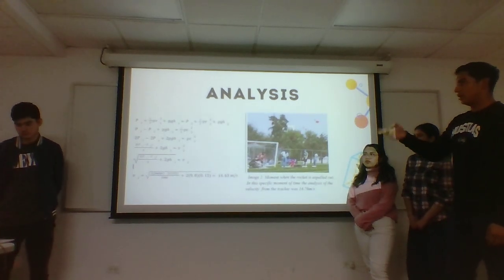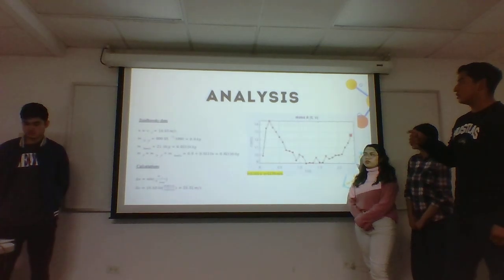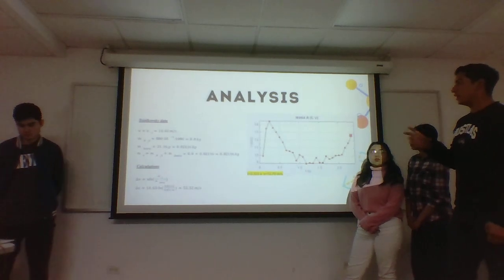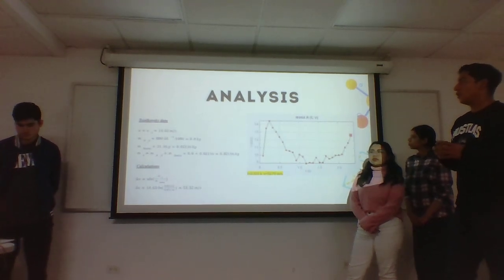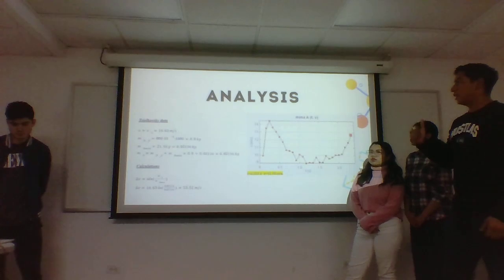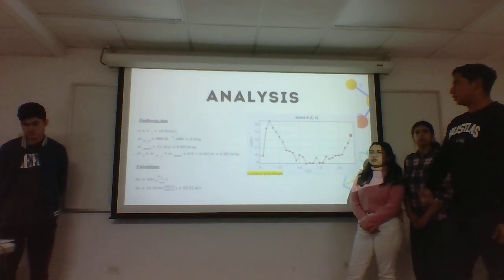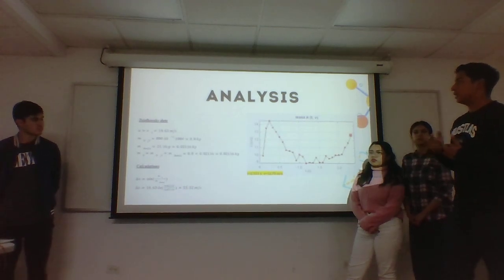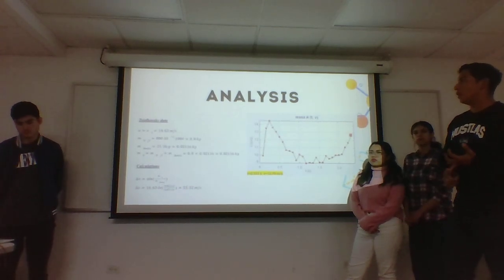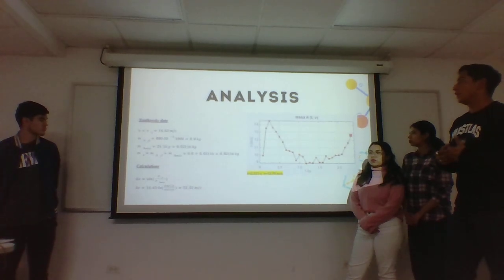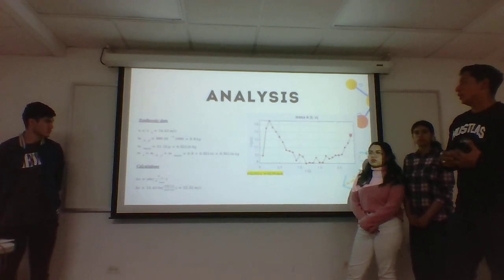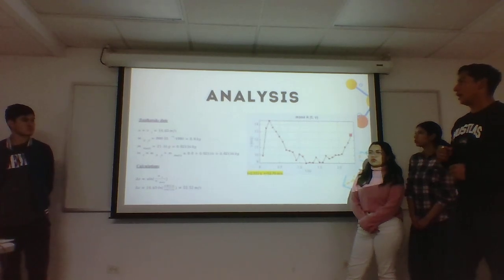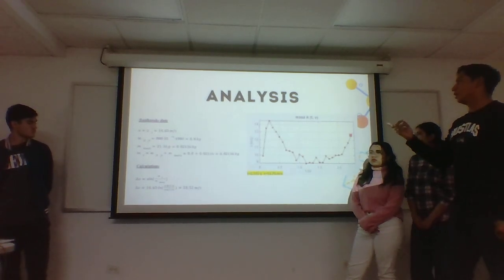Then in the next slide we use the Tsiolkovsky equation to get the final velocity of the rocket. We use data like the water expulsion velocity, the initial mass and the final mass. The initial mass was the sum of the water and the bottle, and the final was only the bottle, which was 21 grams, and the water was 800 grams, that is 0.8 kilograms.